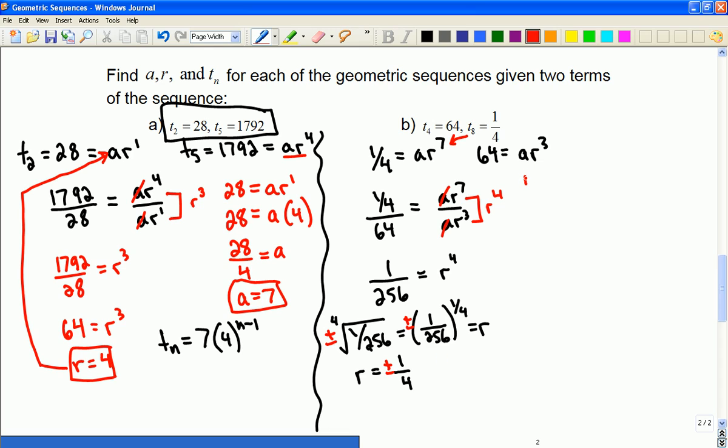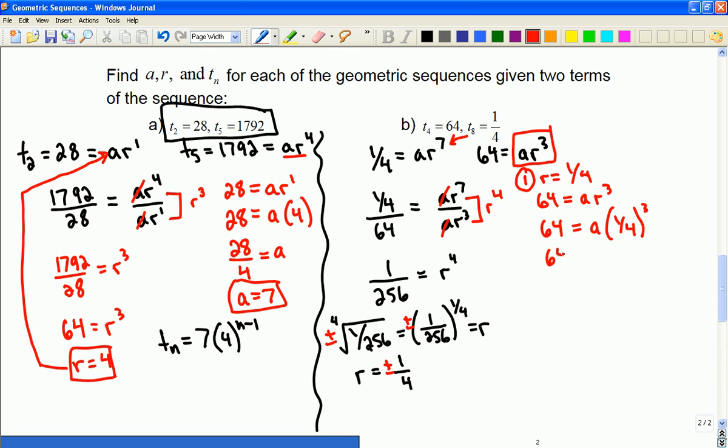So let's take a look at the first one, if R equals a quarter. I'm going to use my equation, and it could be either one, but I tend to pick the smallest exponent. So 64 is AR cubed. So 64 is A times 1/4 cubed.